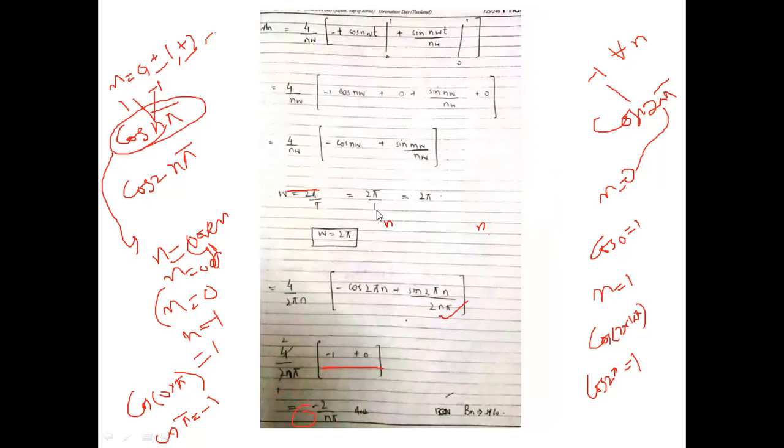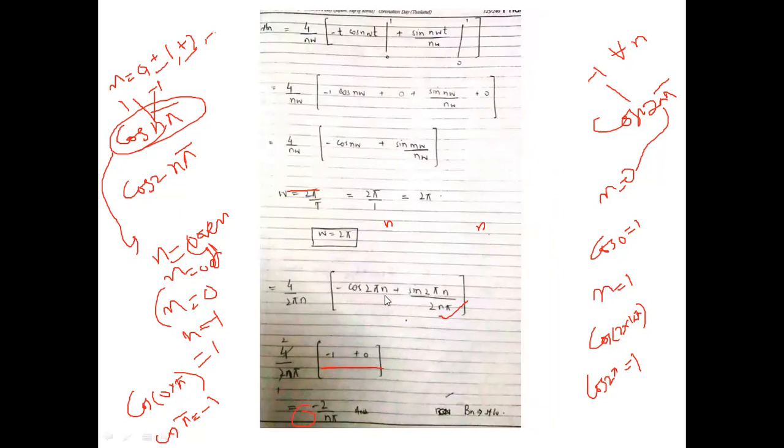2 pi by 1, omega is equal to 2 pi, putting the values cos 2n pi and sin 2n pi. So cos 2n pi is 1 for all the values of n, and sin 2n pi is equal to 0. So we can write the final answer in this case if we have the same value for n odd and n even.